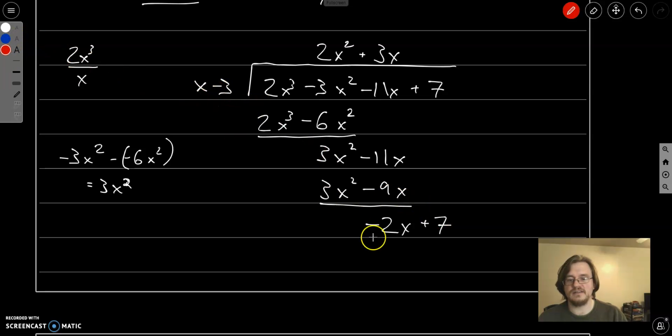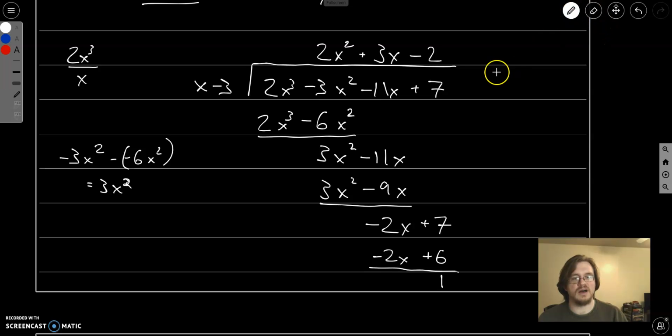I divide the first term here by the first term here. Negative 2x divided by x. The x's will cancel and I'll be left with minus 2. After I divide, I multiply. Negative 2 times x is going to be negative 2x. Negative 2 times negative 3 is going to be positive 6. And when I subtract these, I will get 1.